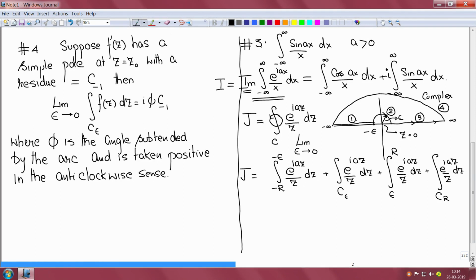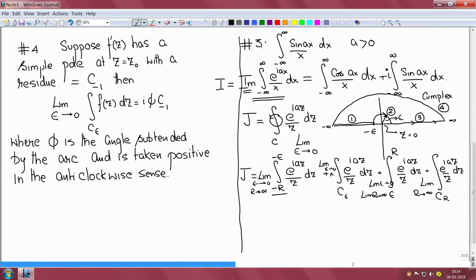Now I have not left space to put limits here. Limit epsilon goes to 0 and R goes to infinity, okay. Here epsilon goes to 0. Here again limit epsilon goes to 0, limit R goes to infinity, and here limit R goes to infinity. Okay.